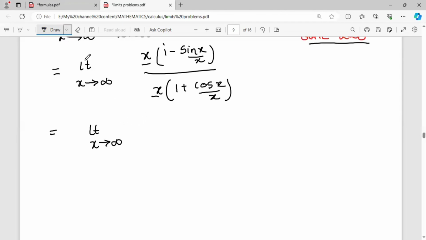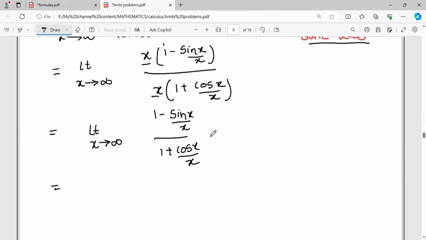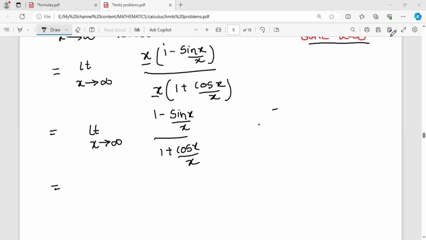Then this will become, here what is the expression? 1 minus sin x by x, by 1 plus cos x by x. Okay, so for that purpose, now apply the limit.